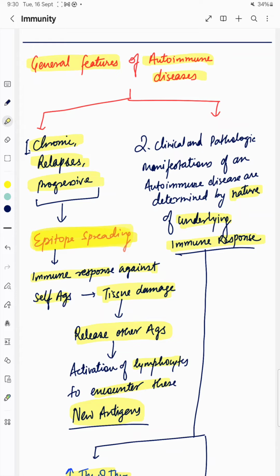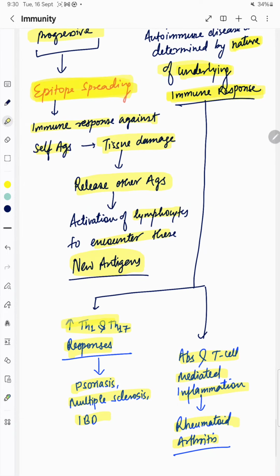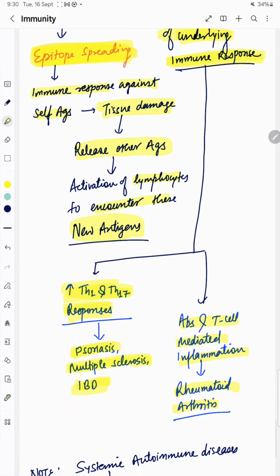The clinical and pathologic manifestation of an autoimmune disease is determined by the nature of the underlying immune response. Excessive functioning of Th1 and Th17 is seen in psoriasis, multiple sclerosis, and inflammatory bowel disease.